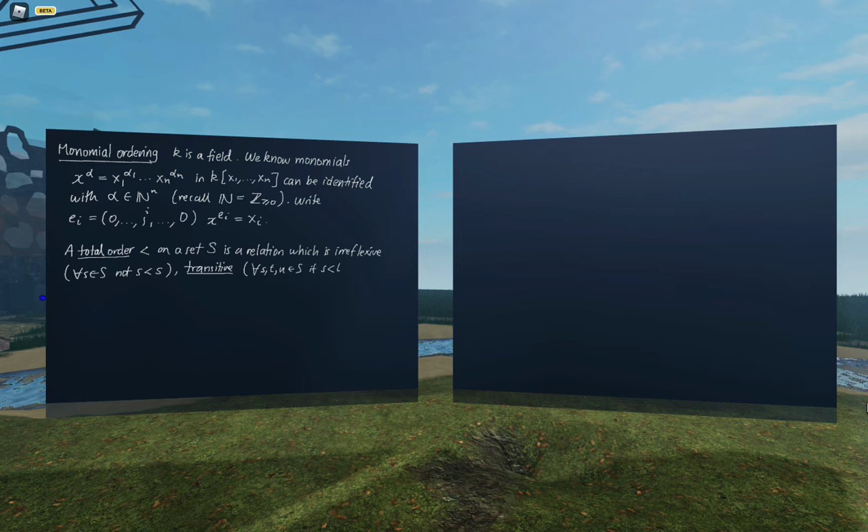If S is less than T and T is less than U, then S is less than U. And most importantly, it's total.